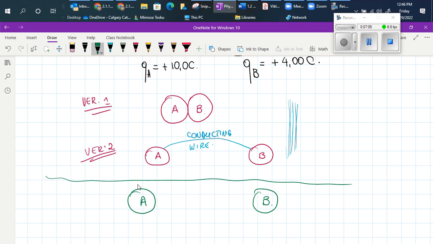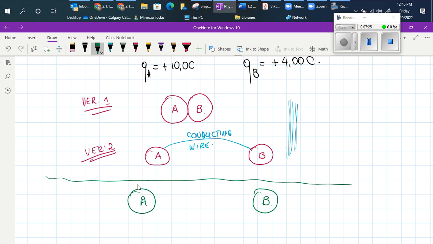If one object has an absence of electrons and the other object has an excess of electrons, the one with the excess is willing to give those electrons to the other one.